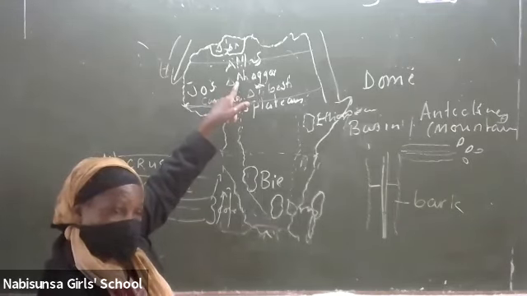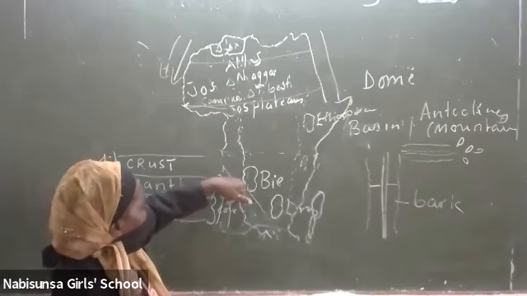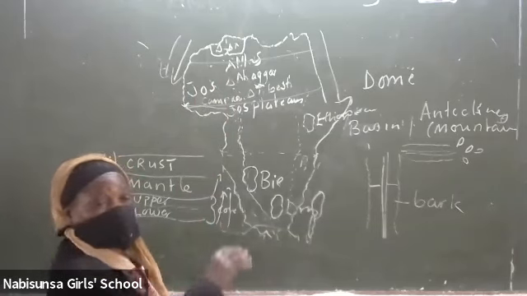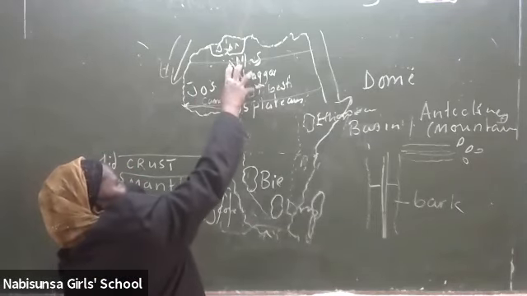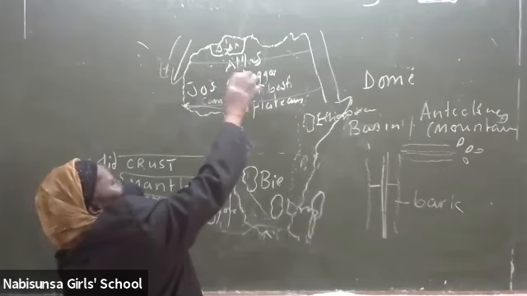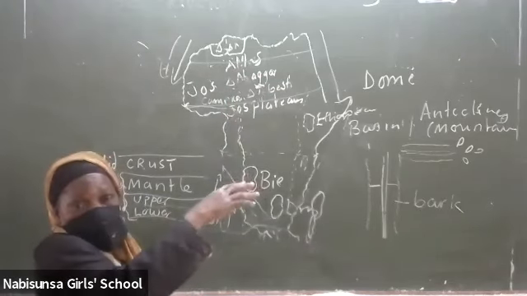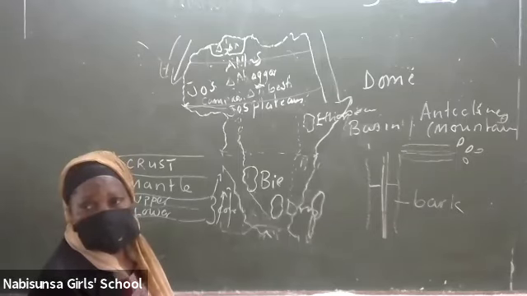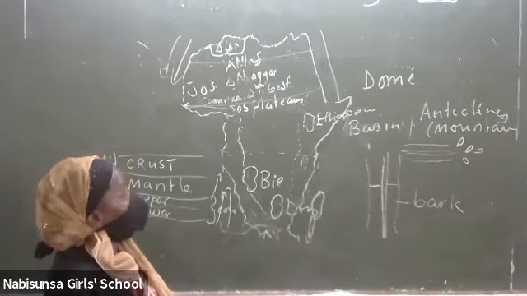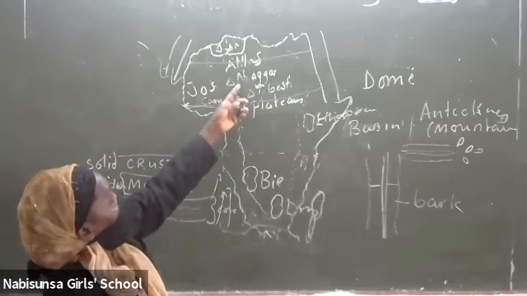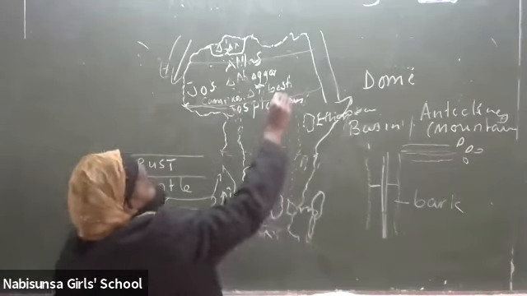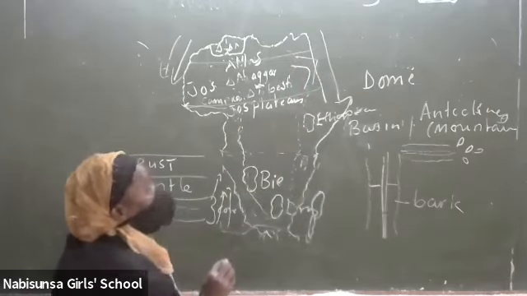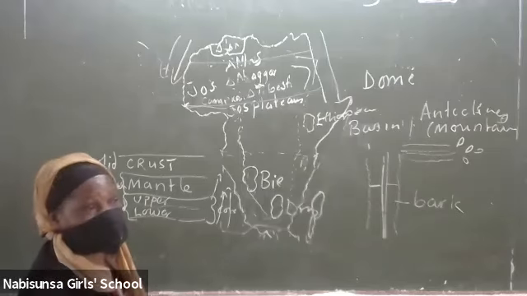You understand? And when it comes to economic activities, very few hours or lessons will be allocated for you to study the whole of Northeast Africa, because it is a desert. The physical features here are sandy dunes or barchans.